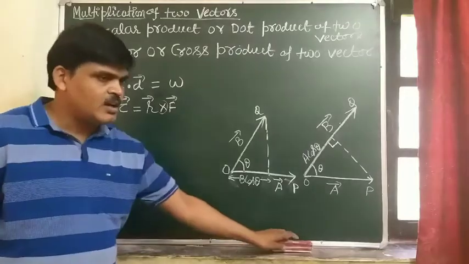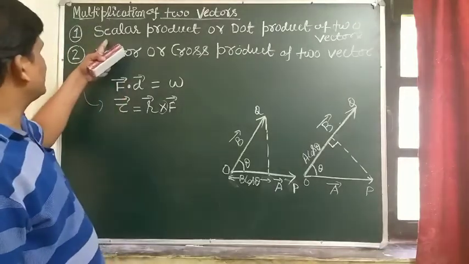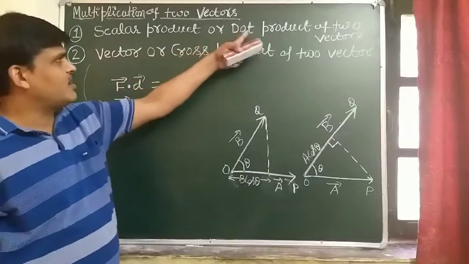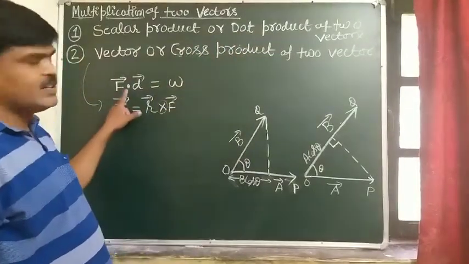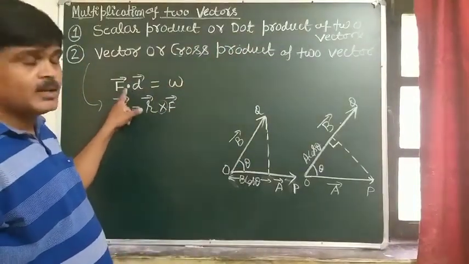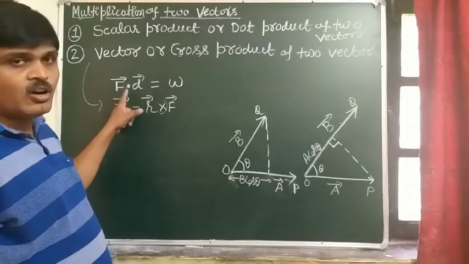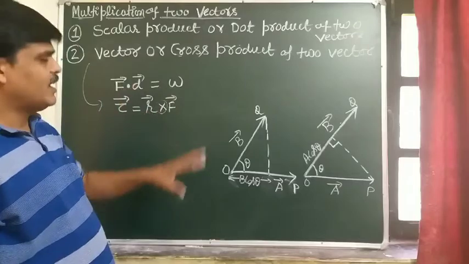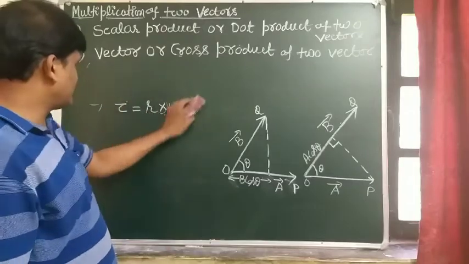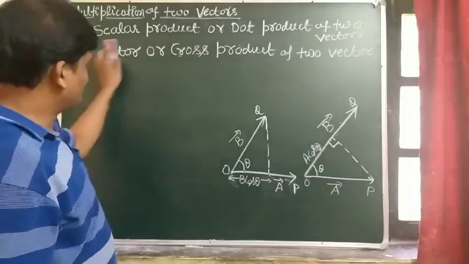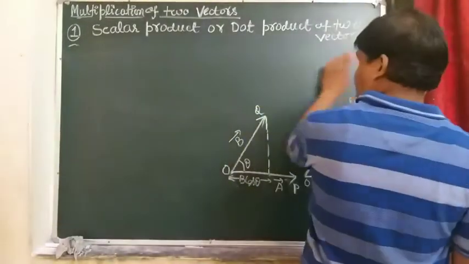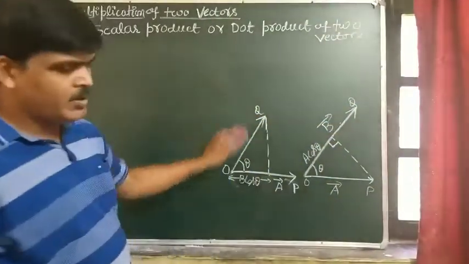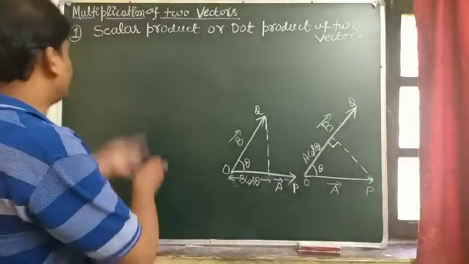Now students, I am going to explain the first product, scalar product or dot product of two vectors. Scalar product is shown by dot: one vector dot second vector, and the resultant comes out to be a scalar.